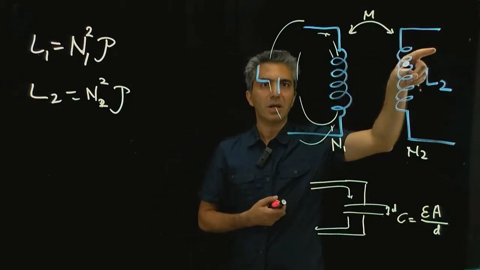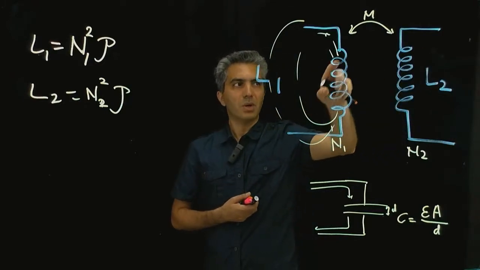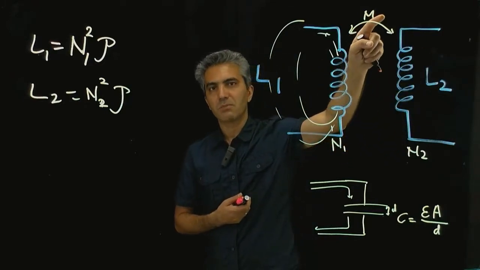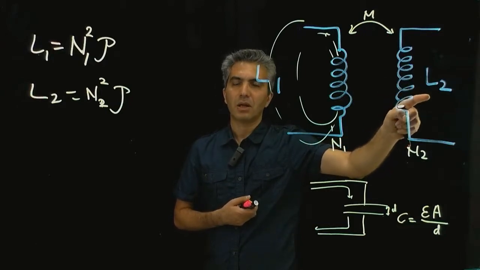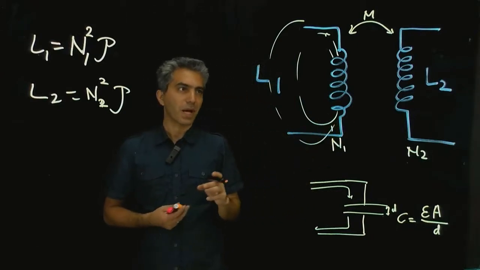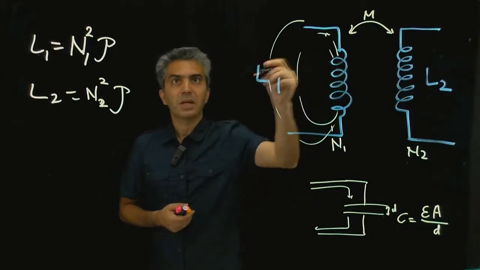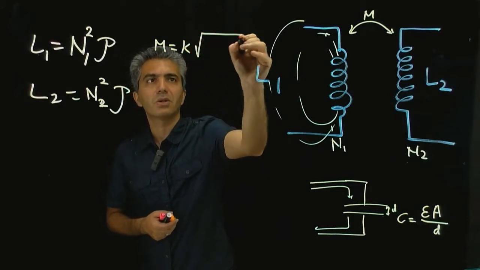But when we consider the effect of the other inductance on this one, then we had to use the concept of mutual inductance and take into account the current passing through the other one. And we wrote the equations and all that in the past few sessions. Now, the inductance value, M, you can write as an equation like this.